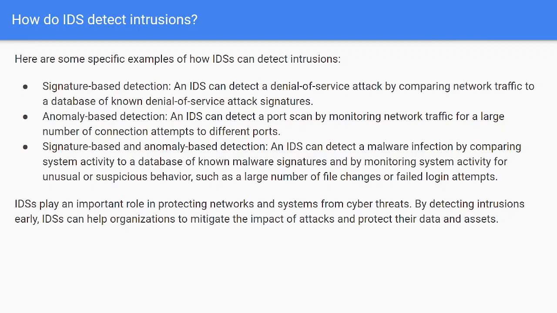The signature-based can compare the malware signature with the malware database signatures, while the anomaly-based one can use suspicious or unusual behaviors to detect that this might be a malware attack.